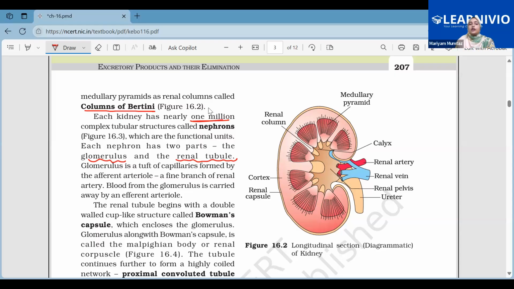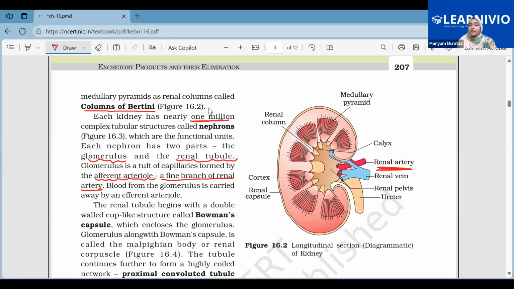Okay, so now the glomerulus is a tuft. Tuft means what, students? Tuft means like a bundle, like a bunch. So it's like a bunch of capillaries that is formed by the afferent arteriole, which is a fine branch of the renal artery. So this renal artery that you see, when it gets branched, forms the afferent arteriole.